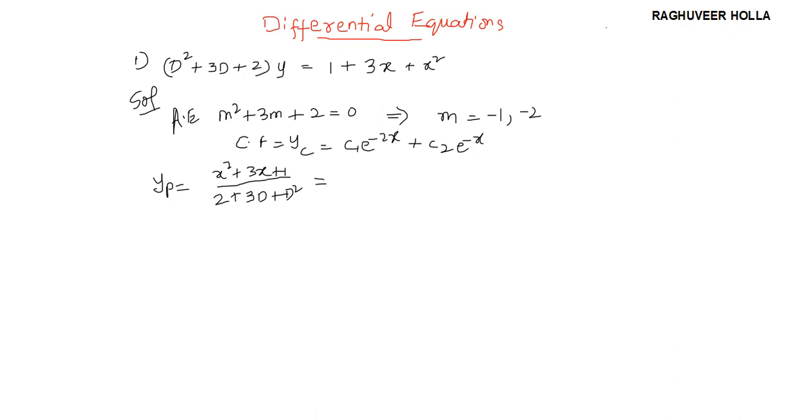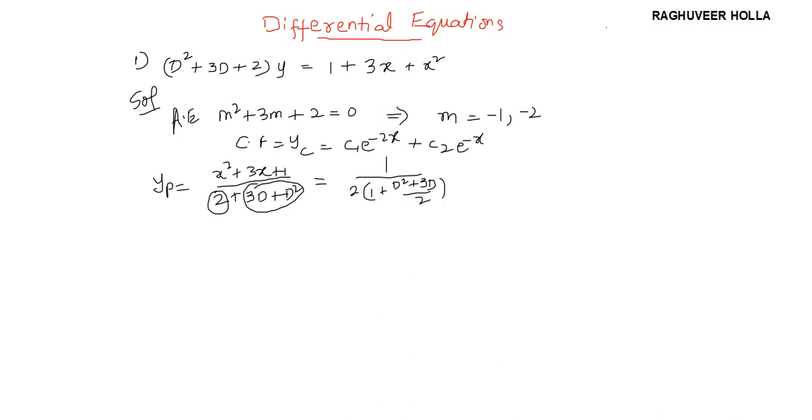If you take 2 from the denominator outside, I get 1 plus, okay, this will be (D square plus 3D) divided by 2.